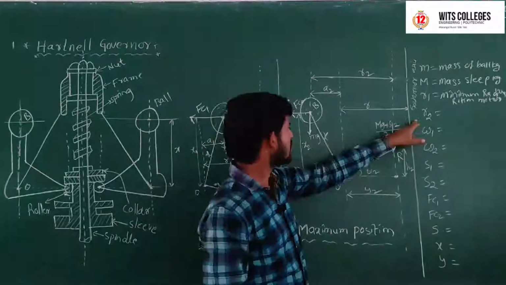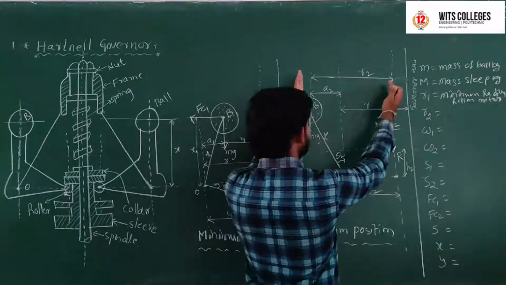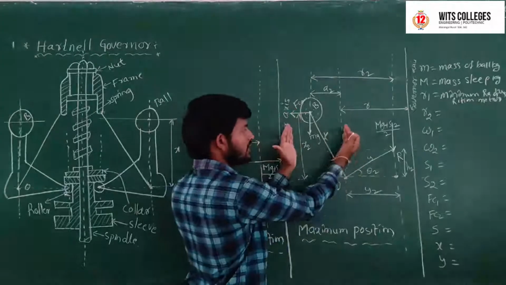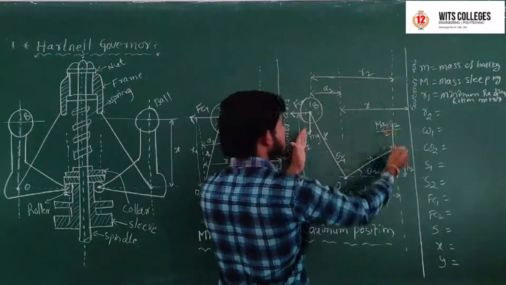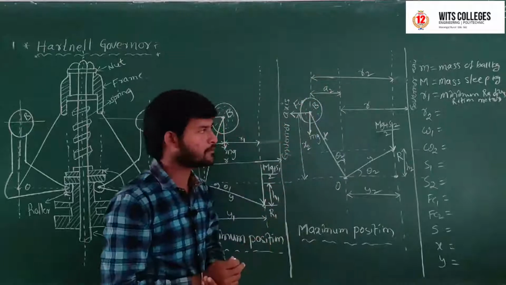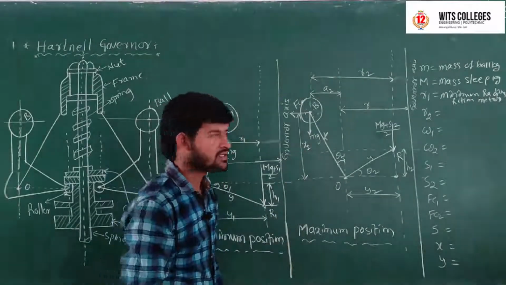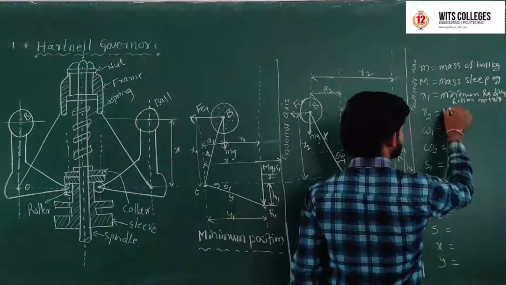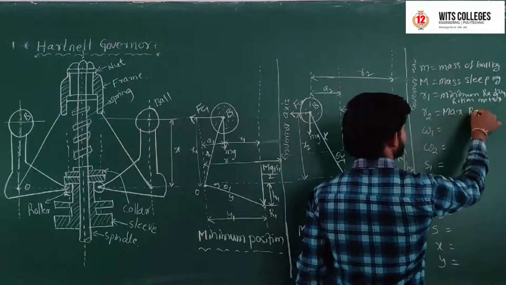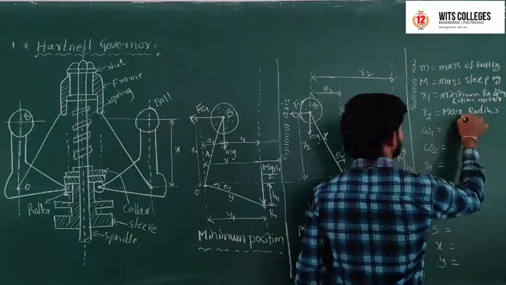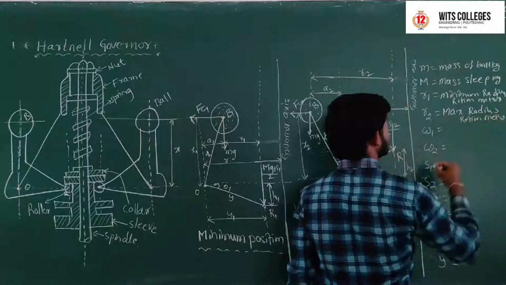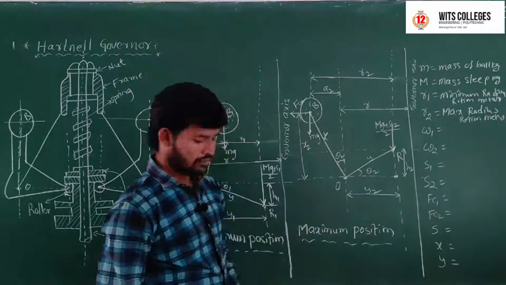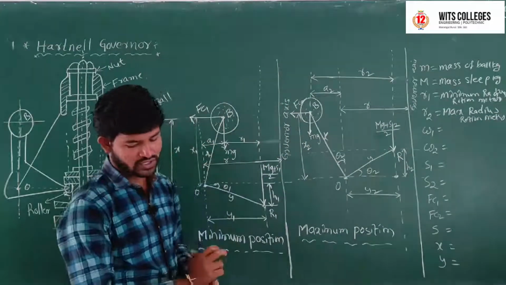Here r2 is the distance from the roller axis to the ball axis, that is the maximum radius of rotation in meters.